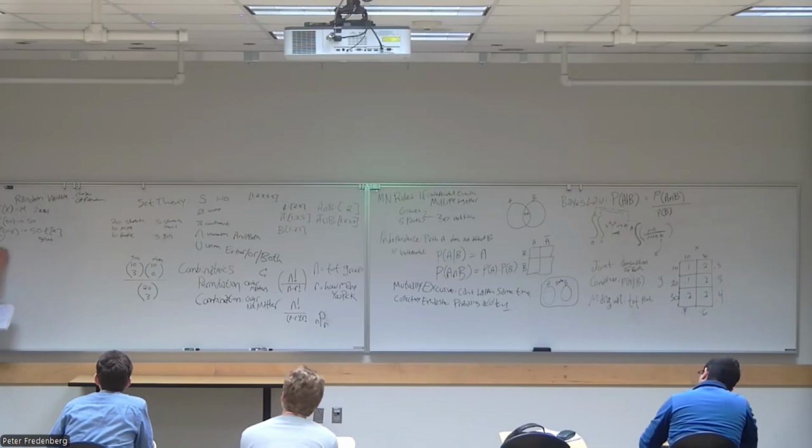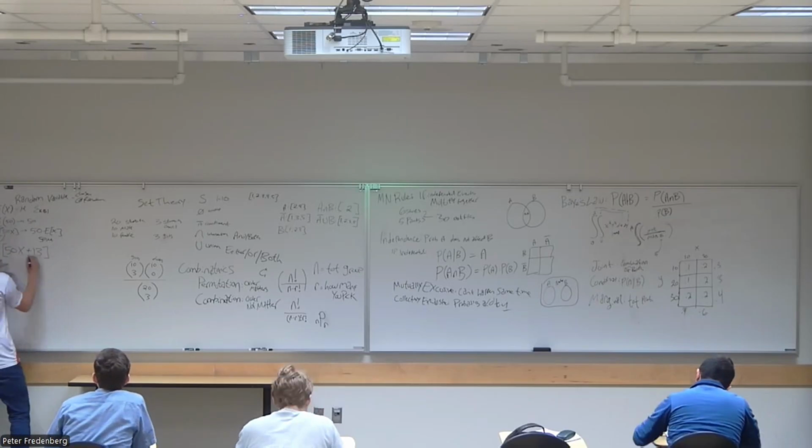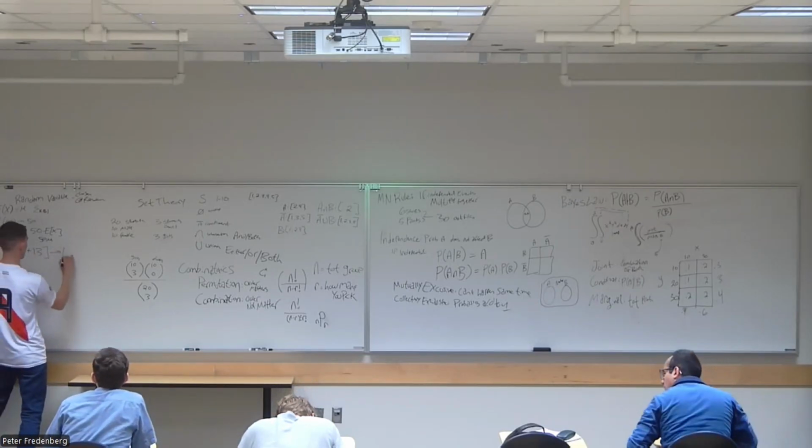And then what if we have something like this? I'll ask you guys, how could we evaluate the expected value of something plus something? You could separate them. Nice, the expected value of 50x and the expected value of 13.